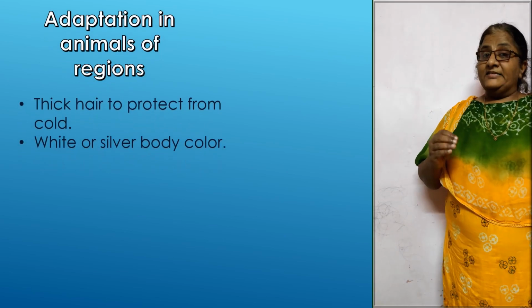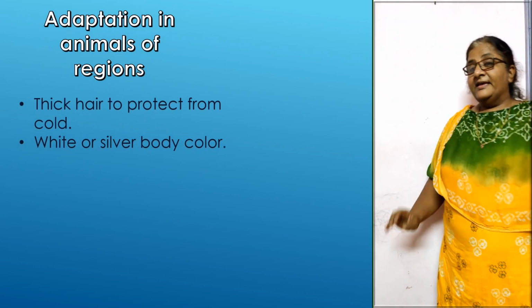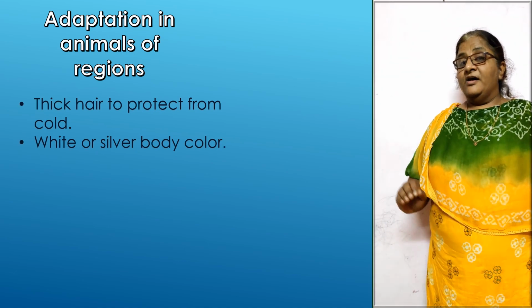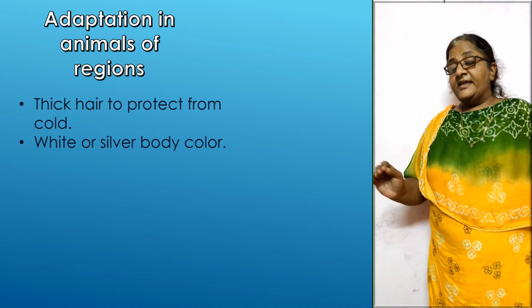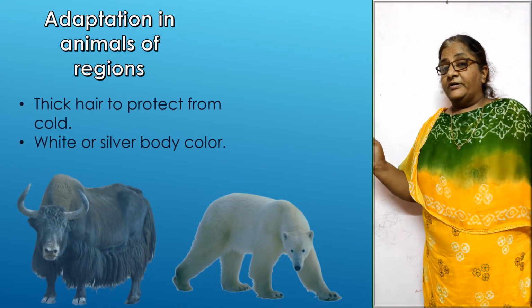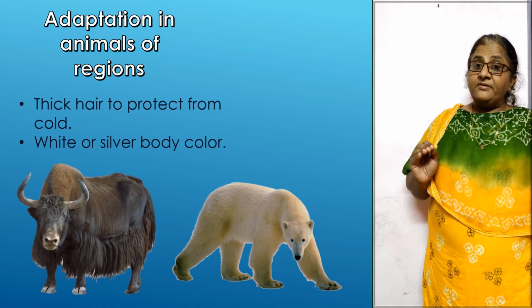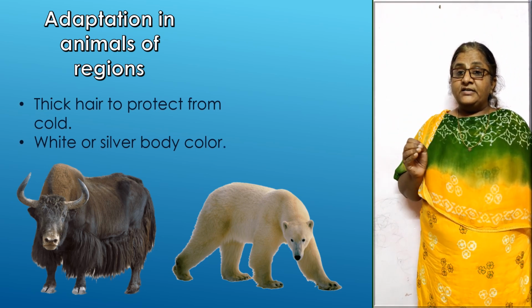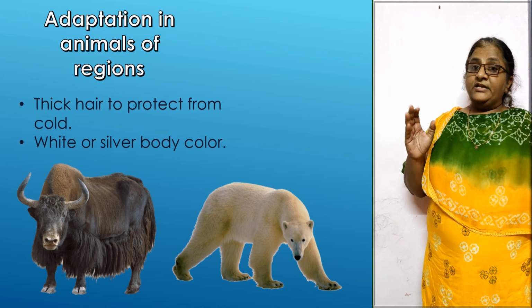Students, we will start by learning the adaptations of animals living in snowy regions. Animals living in snowy regions have thick hair on their body. This thick hair is called fur. The fur protects the animals from severe cold. As we know, in snowy regions the environment is totally cold.